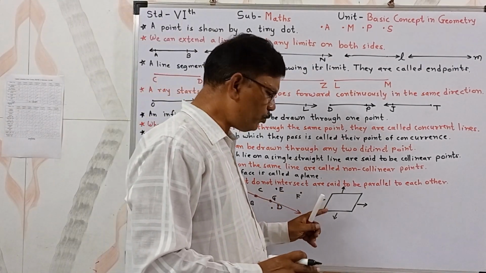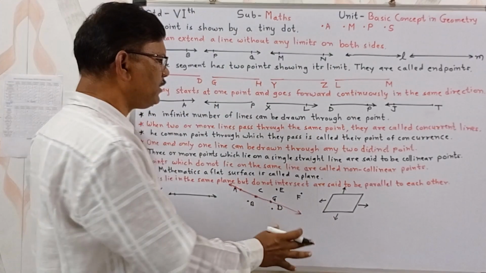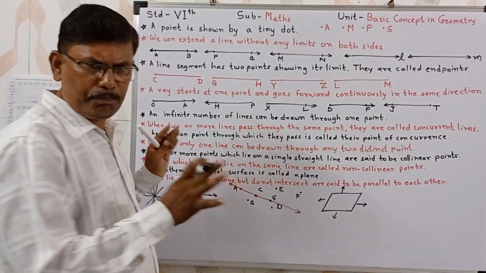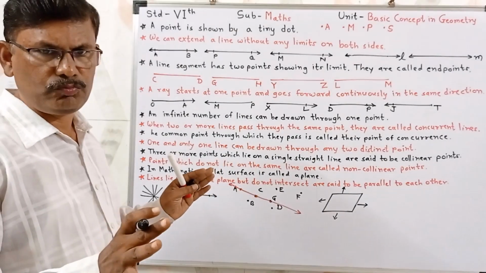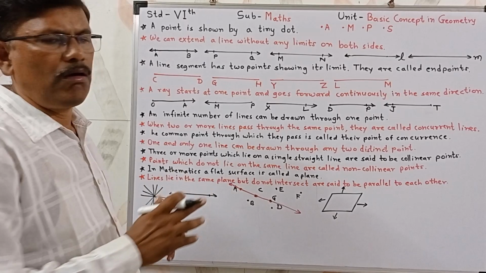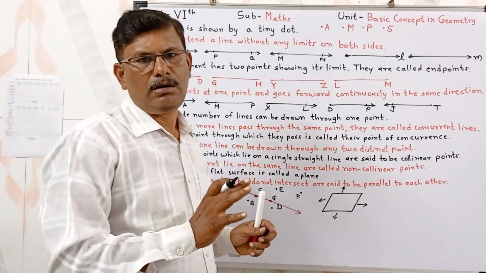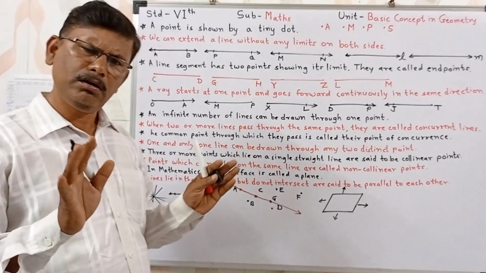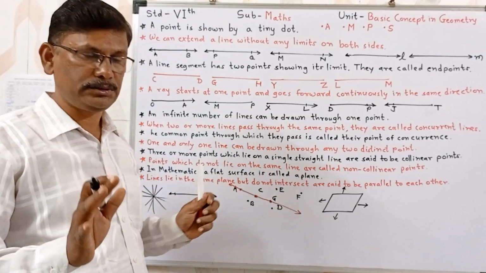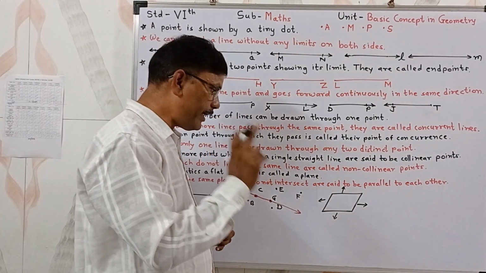In mathematics we say that a flat surface with 4 sides is called a plane.